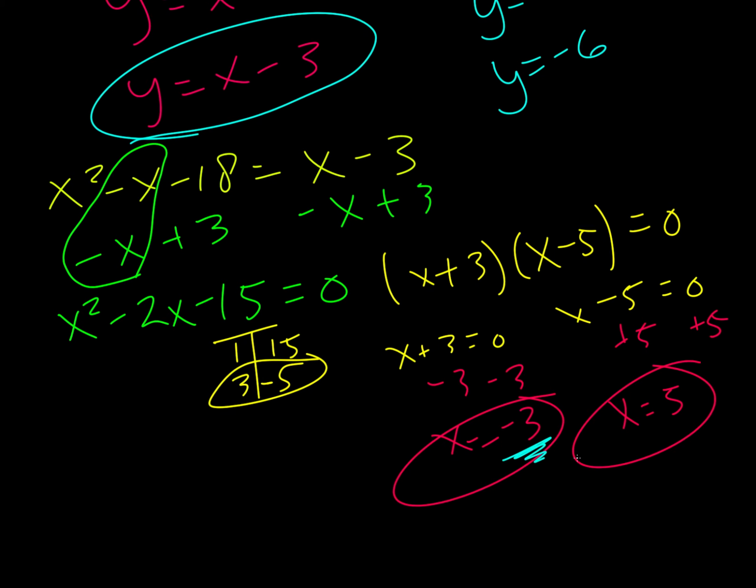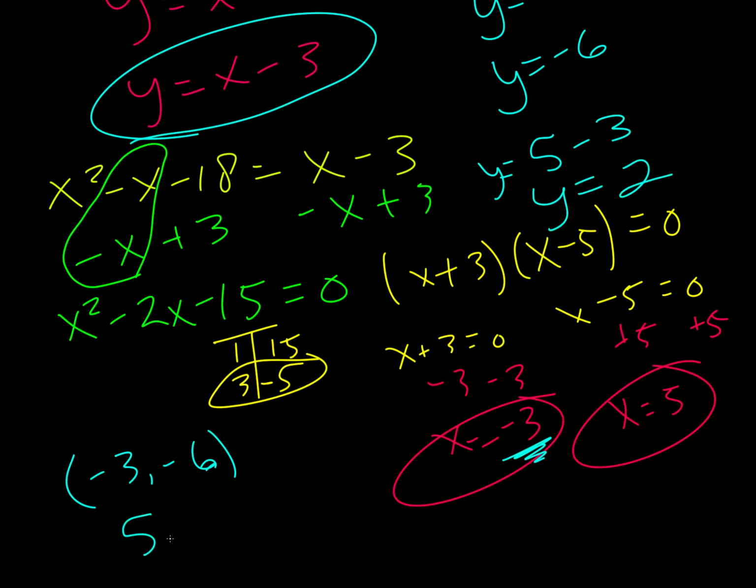So what that means is that one place where it crosses is -3, -6. Now if we plug in the 5 right here, we get 5 minus 3. So y equals 2. And so we get 5, 2.